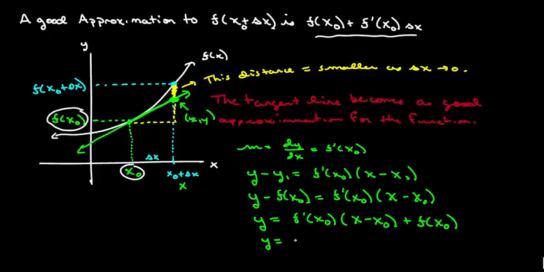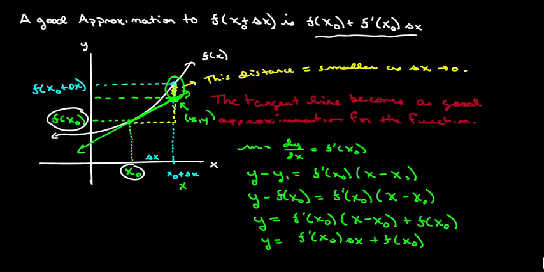So y is equal to f prime x naught times delta x plus f at x naught. And y is this height level right here. So this height level, which is equal to this expression, is a good approximation for this height level. The amount of the error is right there.